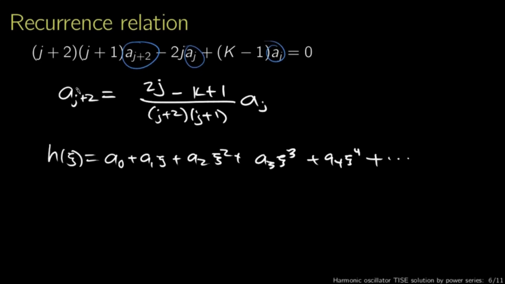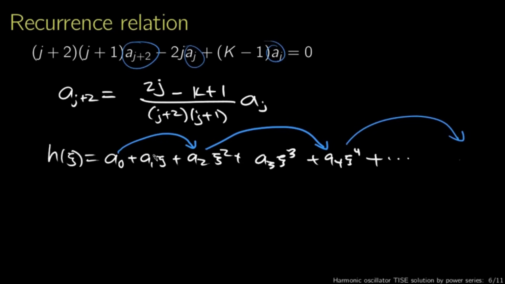You could tell me what a sub 2 was. So a sub 0 determines a sub 2. A sub 2, in turn, using j equals 2 in this equation, you could tell me what a sub 4 is. So a sub 0 determines a2, determines a4, determines a6 in an infinitely long chain.